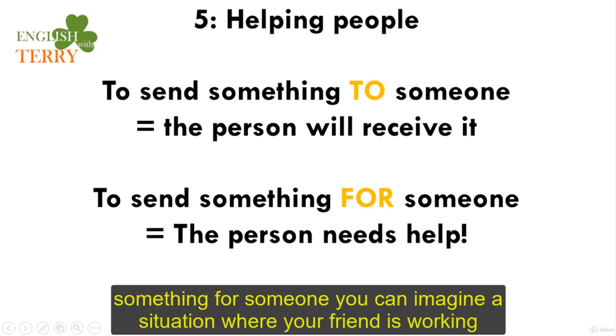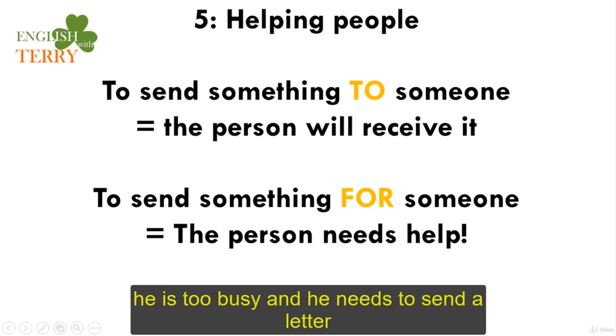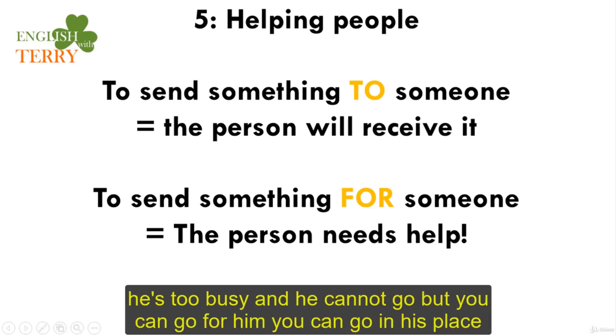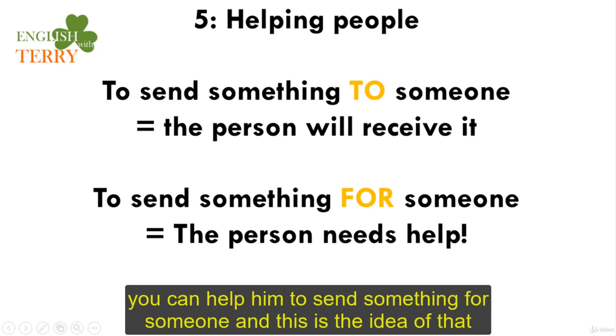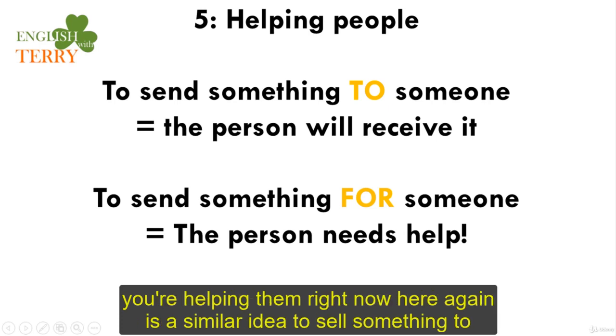If you can imagine a situation where your friend is working, he is too busy, and he needs to send a letter, but he's too busy and he cannot go. But you can go for him. You can go in his place. You can help him to send something for someone. And this is the idea that you're helping them, right?